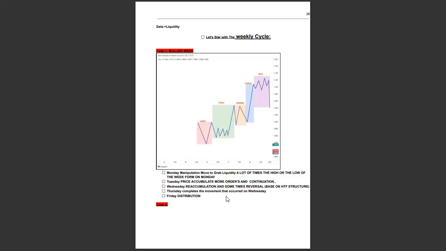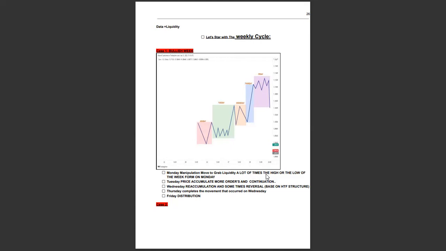So we have a weekly cycle. Let's start the weekly cycle. Bullish week, you can see Monday, Tuesday, Wednesday, Thursday, Friday. Monday manipulation moves to grab liquidity.